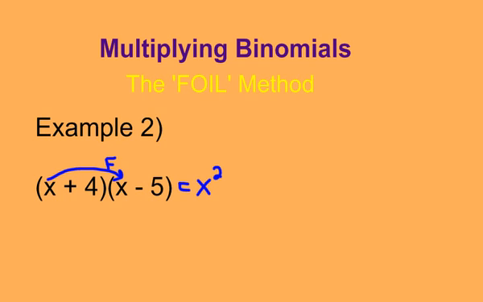We're going to look at the O in FOIL next. O stands for outside. So we're going to take our two outside terms and multiply them together. Be careful now because this time it is negative 5. So we have x times negative 5 is negative 5x. The I in FOIL stands for inside, so we're going to look at our two inside terms here. 4 times x gives us 4x.